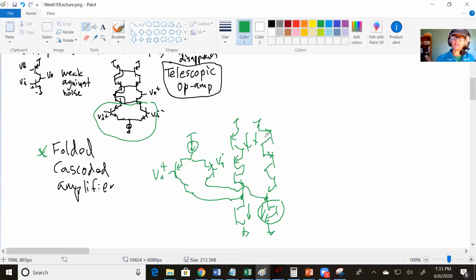And the top part here will be fixed at a constant current. So if you turn down the current here, the current up here goes up. If you turn up the current here, the current through the top transistors goes down. It still has to add up to a constant current. And that way, now you only have 1, 2, 3, 4 transistors between the rail and ground.